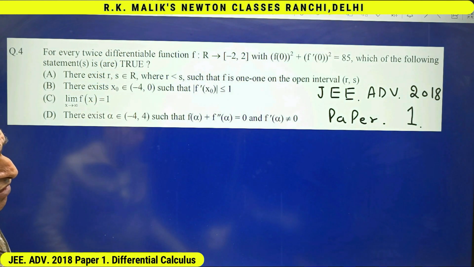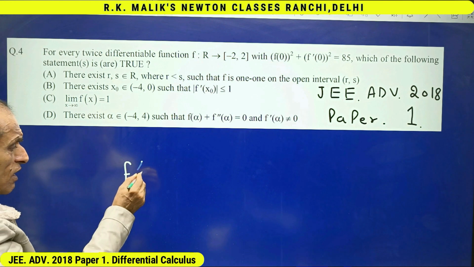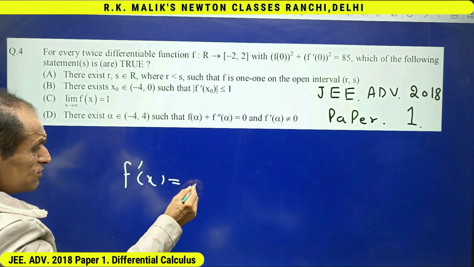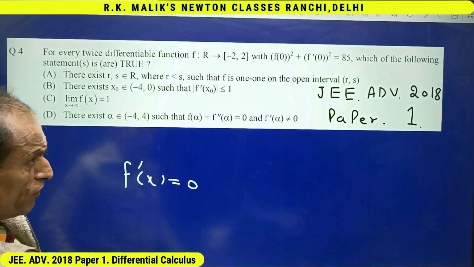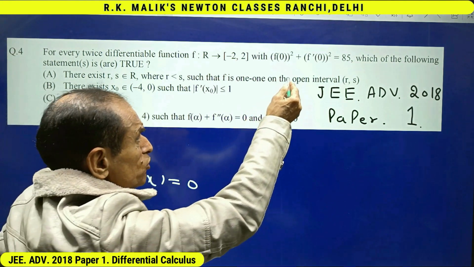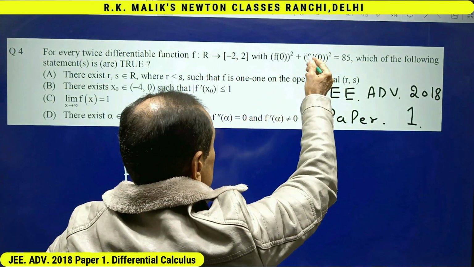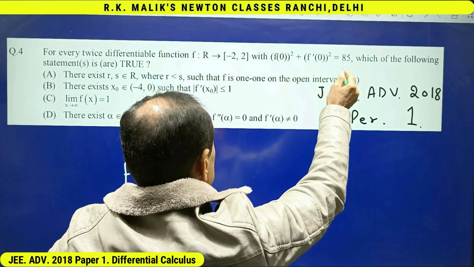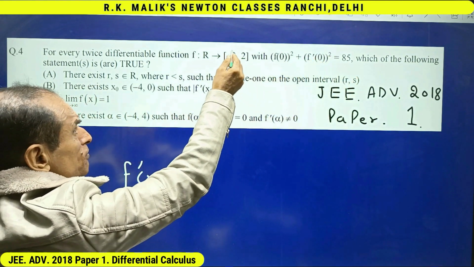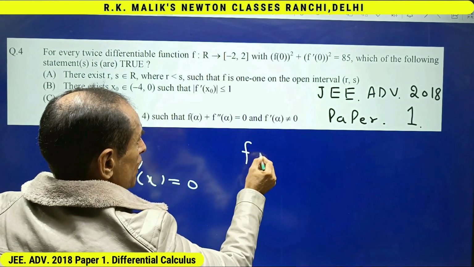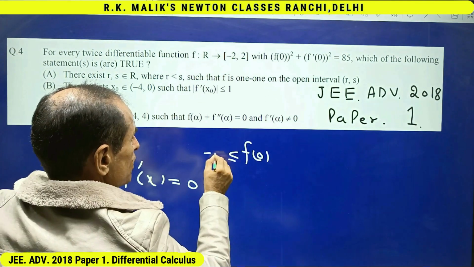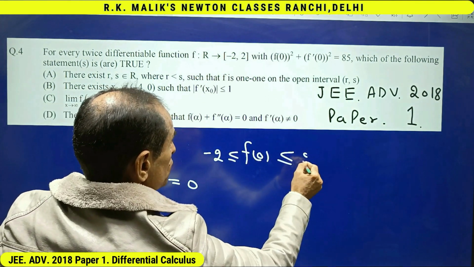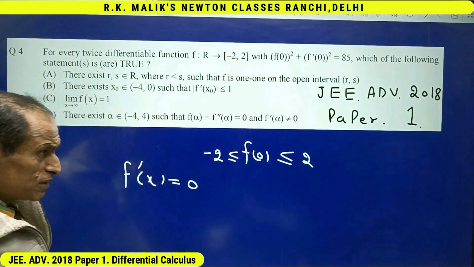And the function is surely not a constant function, because a constant function would mean that f'(x) is 0 for every value of x. But f'(0) cannot be 0, because if f'(0) becomes 0, f(0)² will become 85, which is not possible because the value of f(0) clearly lies between -2 and 2 from this information.